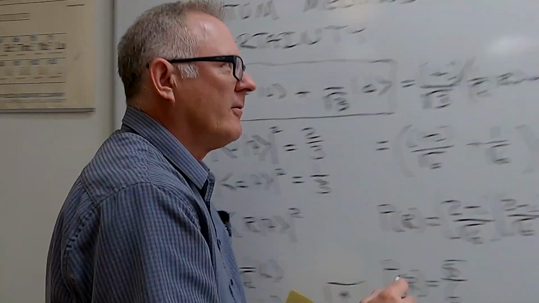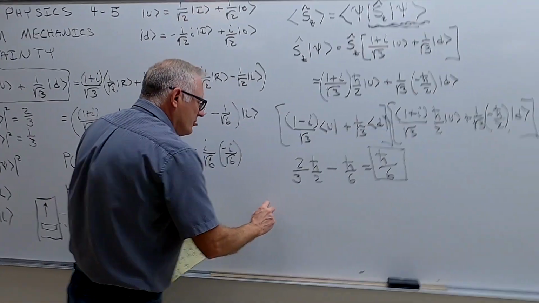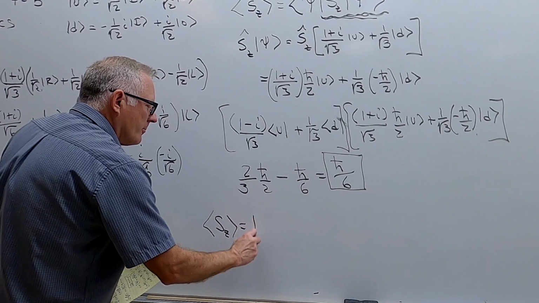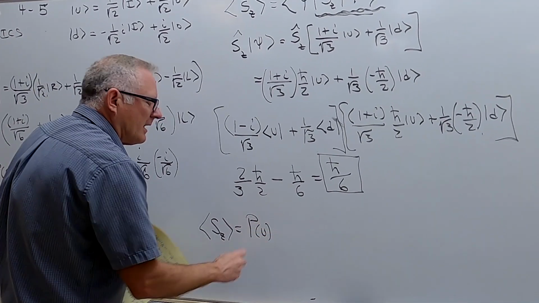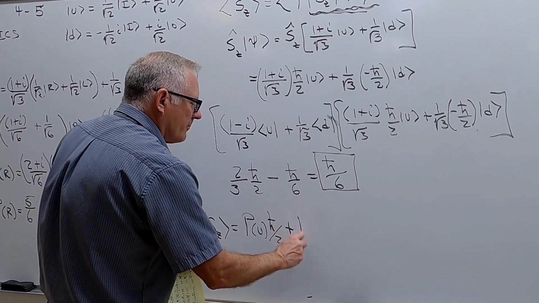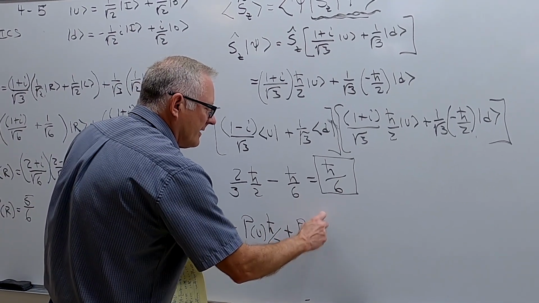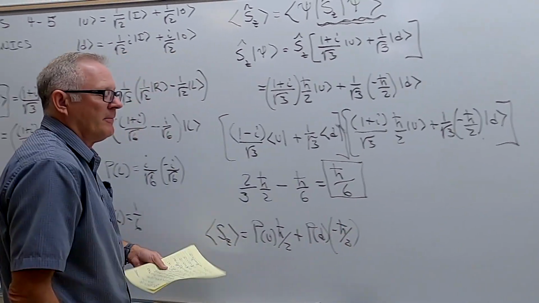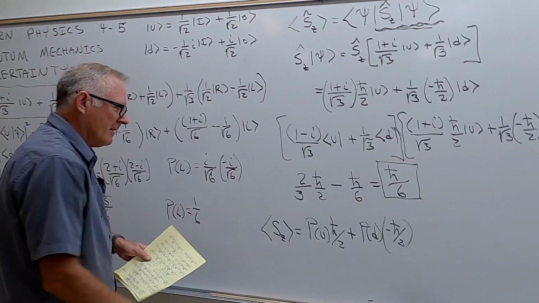We could have also said the average S sub z is the probability of up times the value you get, which is h bar over 2, plus the probability of down times the value you get, which is minus h bar over 2. We could have done it that way and it would be much easier.